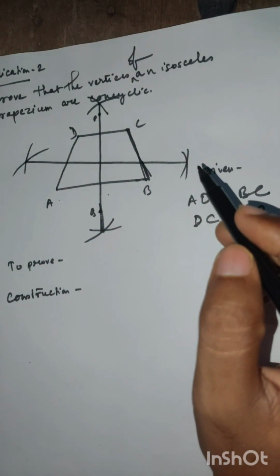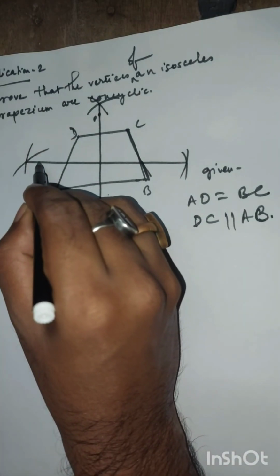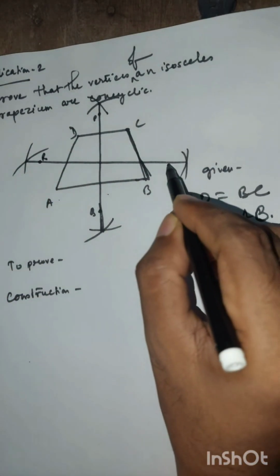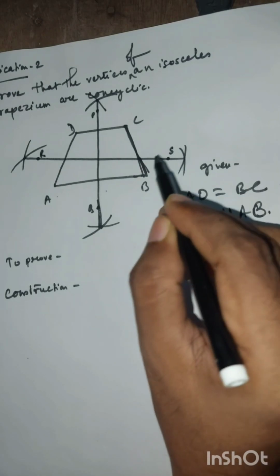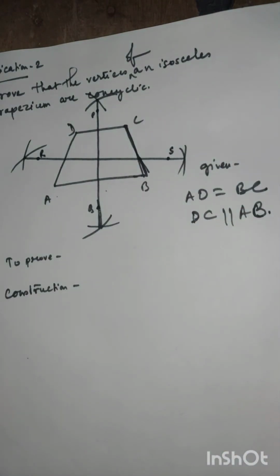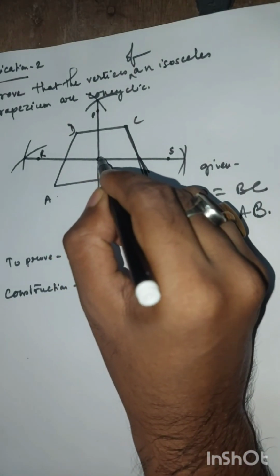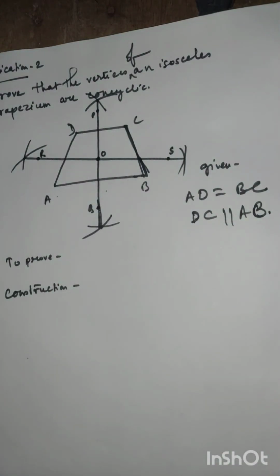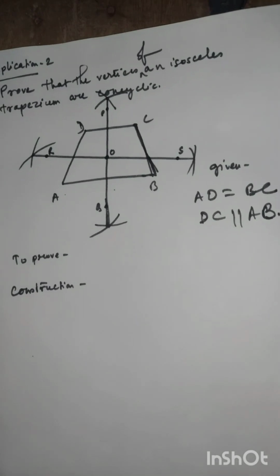Let us name it RS. And they are intersecting at the point O. I hope you are able to understand it.